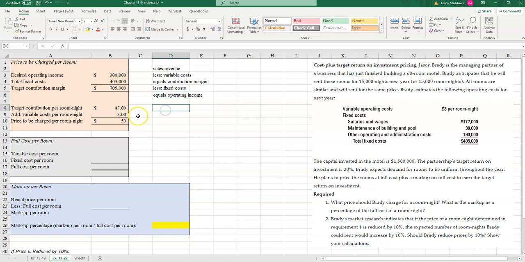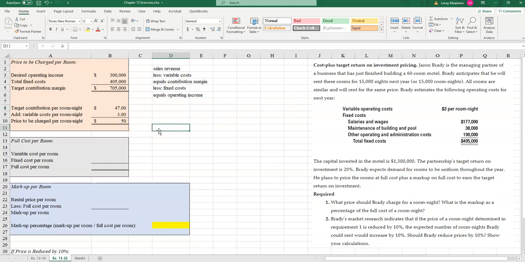So what I did was I just really flipped it on its head, and I worked my way backwards from operating income all the way back up to what I needed to be charging, what was my sales price per night.